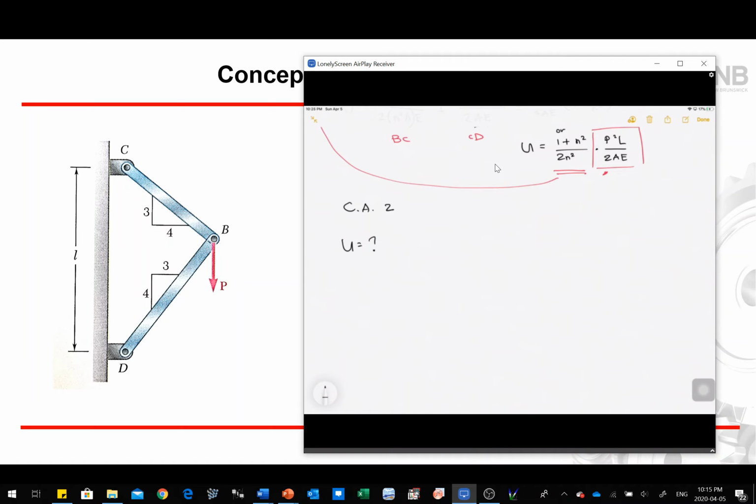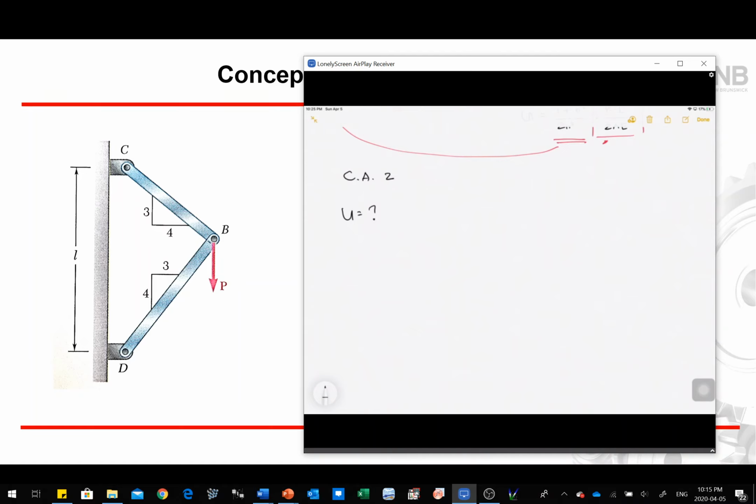If we look at the loading condition on the left, we have force P, and we can calculate the corresponding force along BC, along BD, and along CD, which is just your P. Based on those forces, you can then calculate the strain energy. So let's do that and solve the problem.